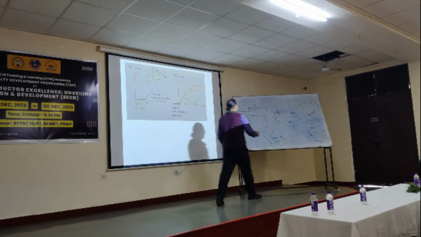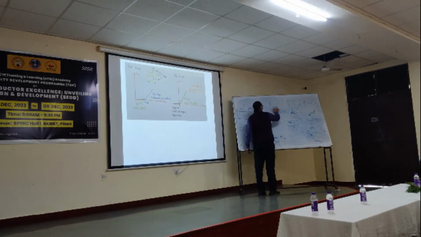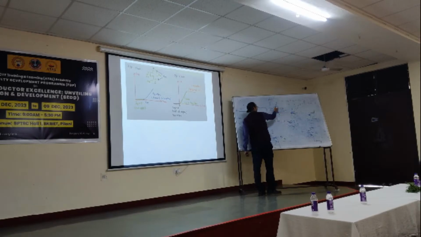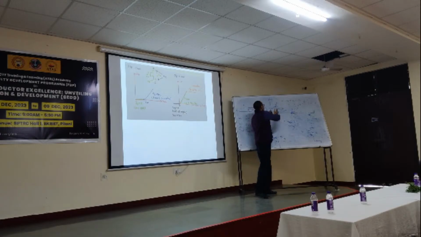Do you agree? In a diode, have you ever thought about why this graph is there? Yes, in a silicon diode, suppose, diode current versus diode voltage. What happens? Once the barrier is crossed, there is a very small drop across the diode.